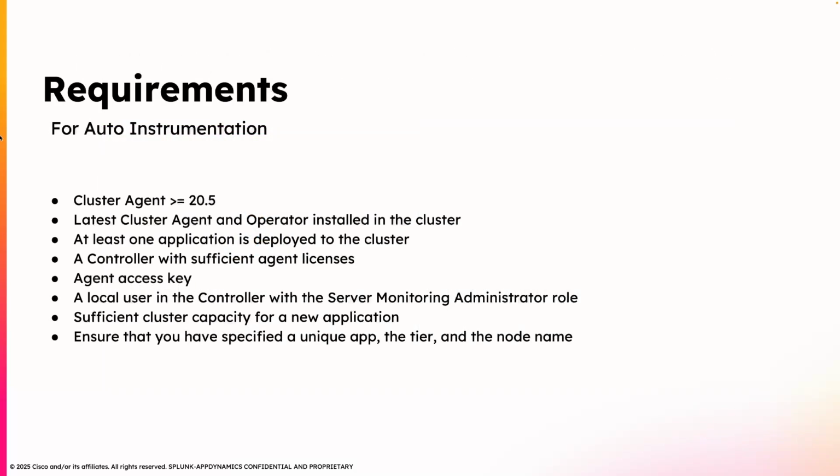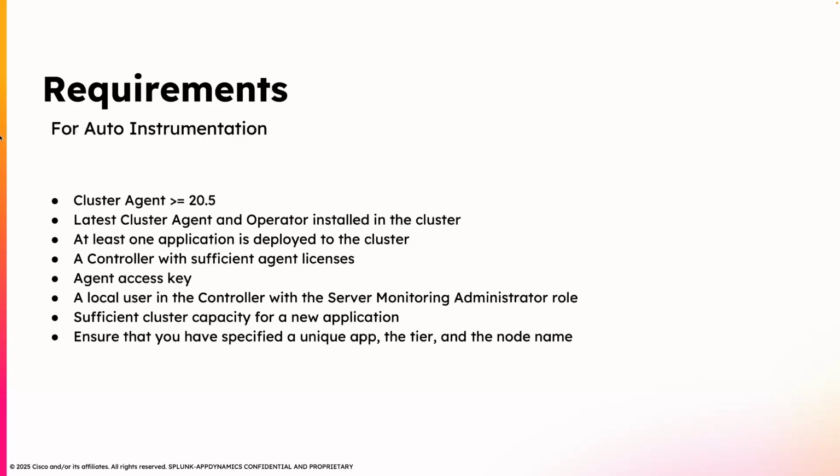What are the requirements for auto-instrumentation? You have to have the latest cluster agent, 20.5 or greater, but I would recommend something around 24.4 or 24.6. Latest cluster agent and operator installed in the cluster and running. At least one application that you can deploy to the cluster that we can auto-instrument. Controller with sufficient licenses for the additional agents that we'll be utilizing.